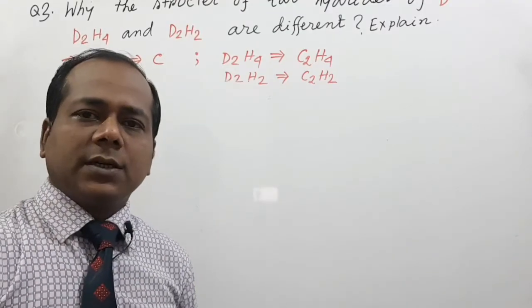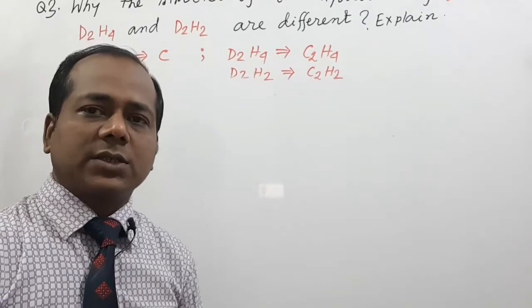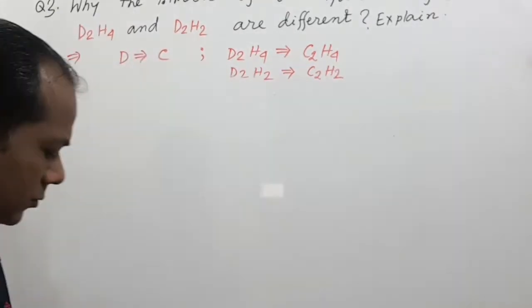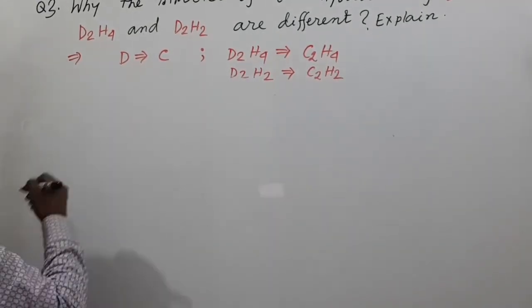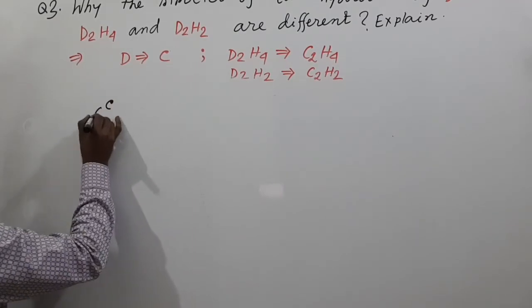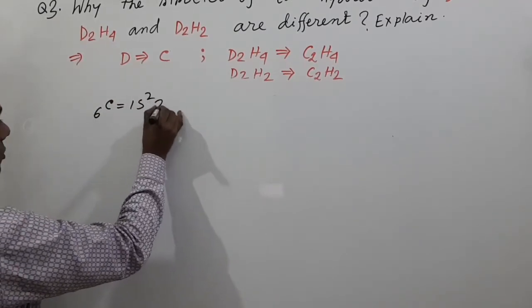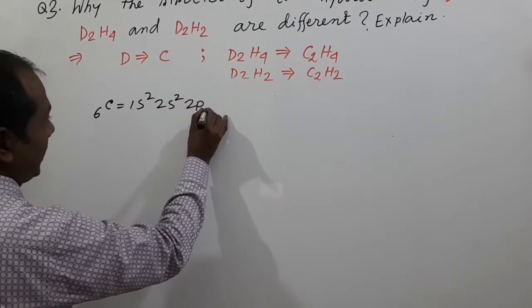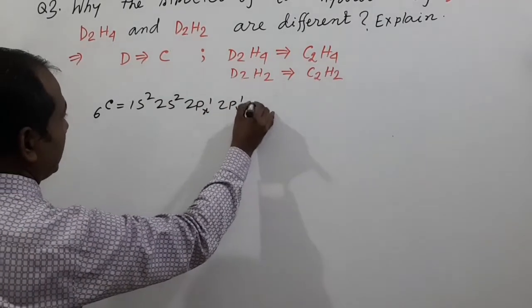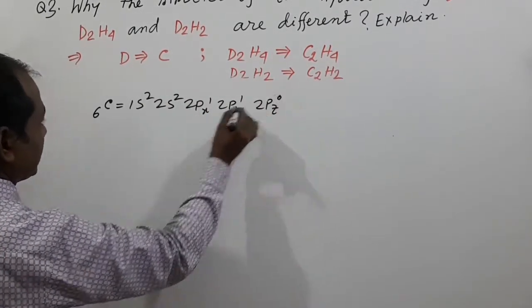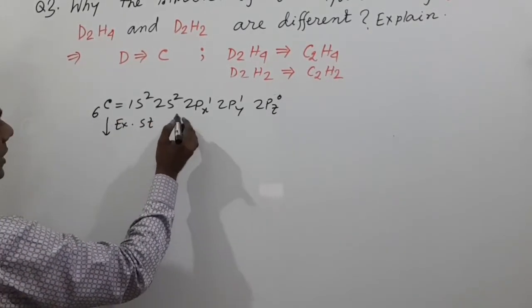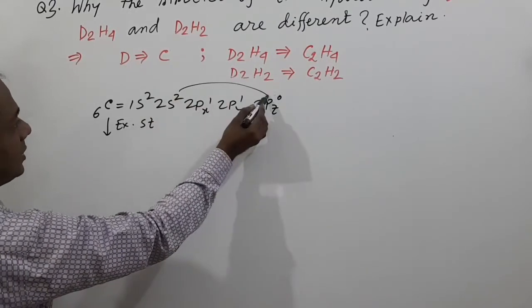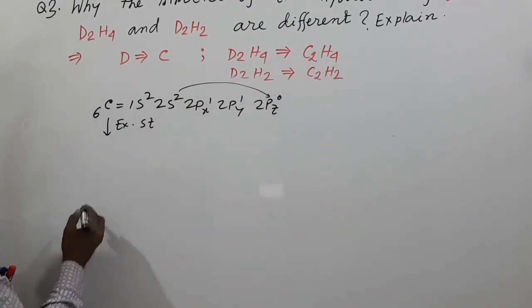My dear students, now we discuss the structure of ethyne. Here the central atom is carbon. Carbon 6: 1s2, 2s2, 2px1, 2py1, and 2pz0. In the excited state, one electron of the 2s2 orbital shifts towards the 2pz0 orbital.